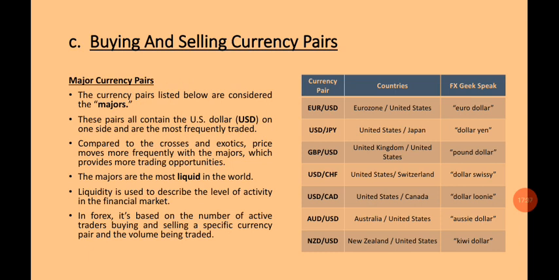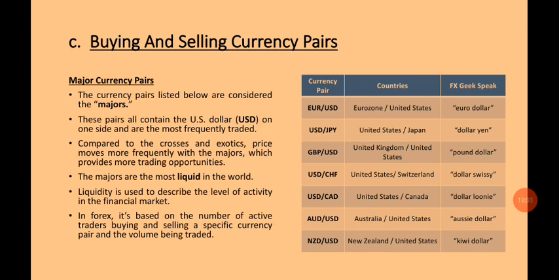The majors are the most liquid in the world. Liquidity is used to describe the level of activity in the financial market. In forex, it's based on the number of active traders buying and selling a specific currency pair and the volume being traded. So here is a chart of the majors and their geek names.